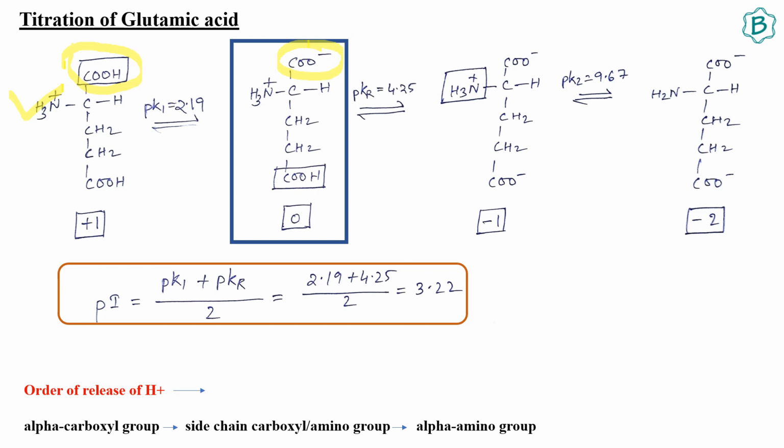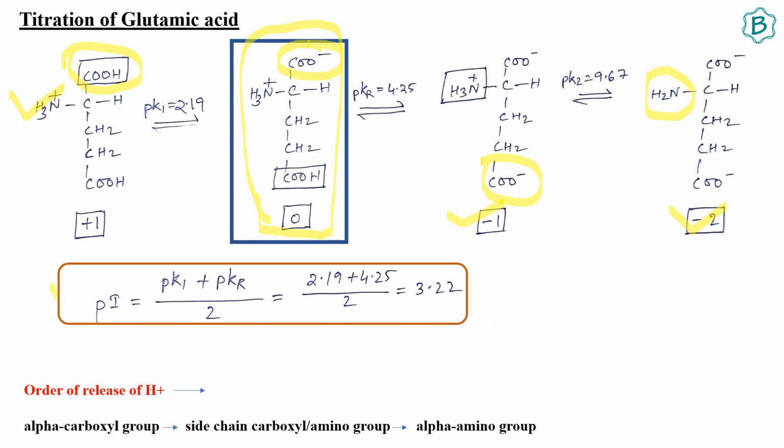So now the net charge is 0, and this structure we call a zwitterionic structure. If you further add NaOH, this side chain carboxyl group will release a proton and then the amino group will release a proton. Here, as you see, the net charge is -1 and in this case the net charge is -2.